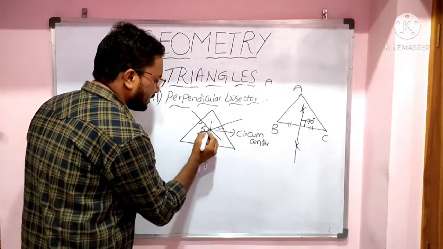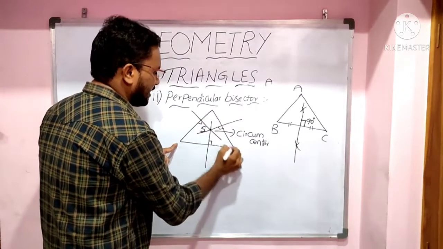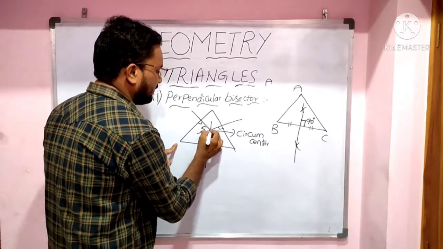Okay, this circumcenter is equidistant from the vertices of the triangle.